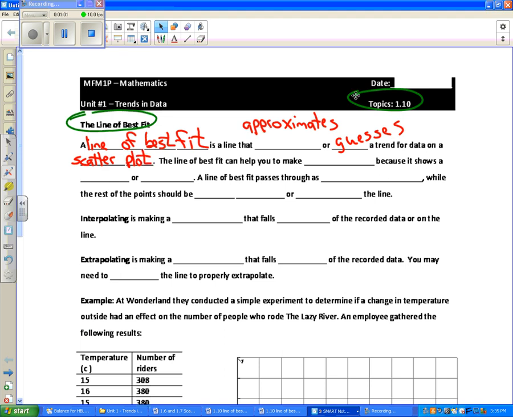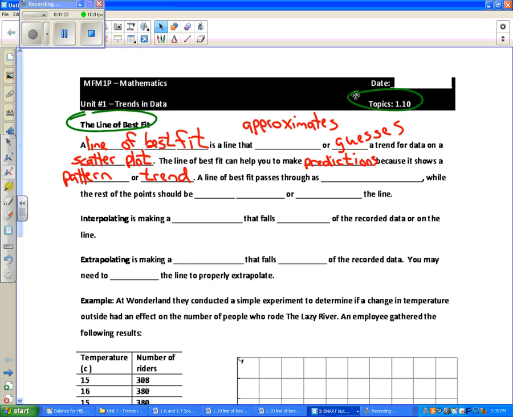So a line of best fit is a line that approximates or guesses a trend for data on a scatter plot. The line of best fit can help you to make predictions, because it shows a pattern or trend.